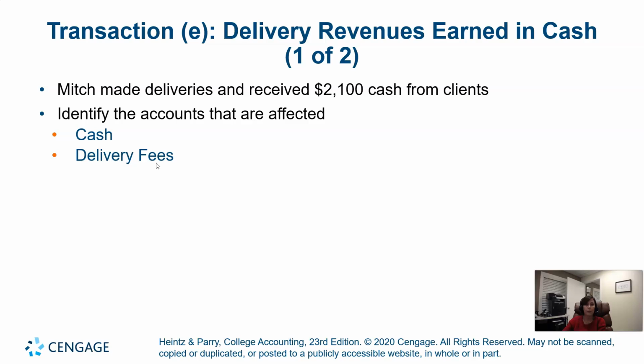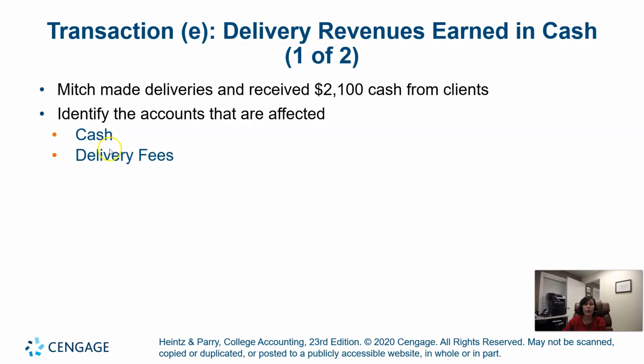You can call it revenue, income, however you want to name it is perfectly fine. The name delivery fees is not a rigid account title that must show up in every delivery company. So companies have some flexibility in the terminology that they use when they name these.